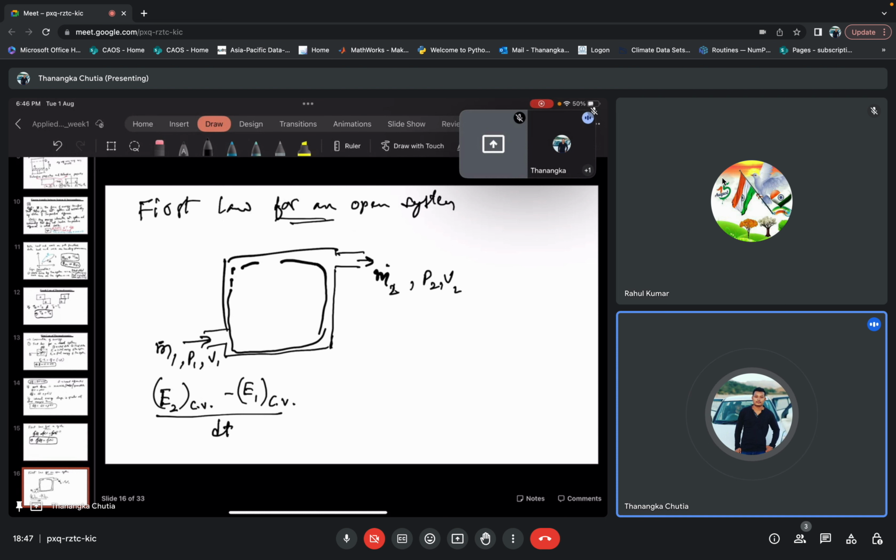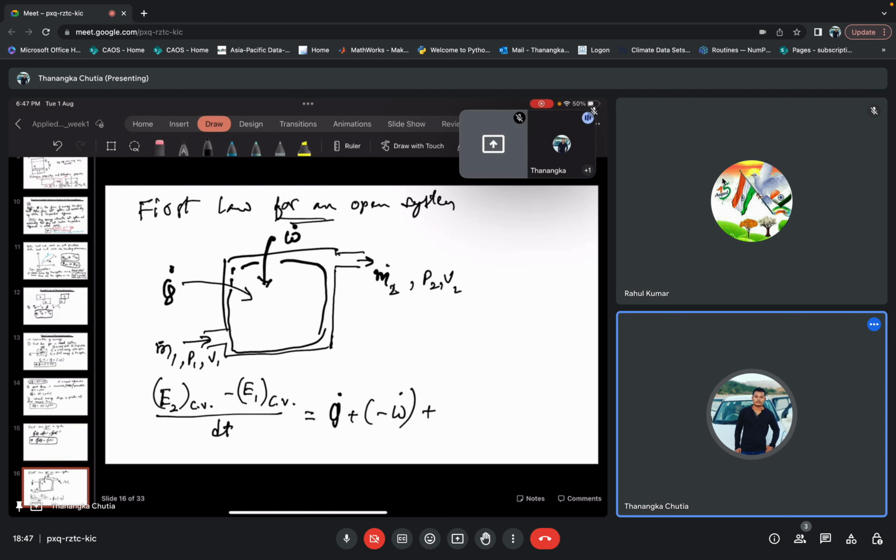This will be equal to the rate of heat input and the work done on the control volume, so this will be Q dot plus minus W dot.